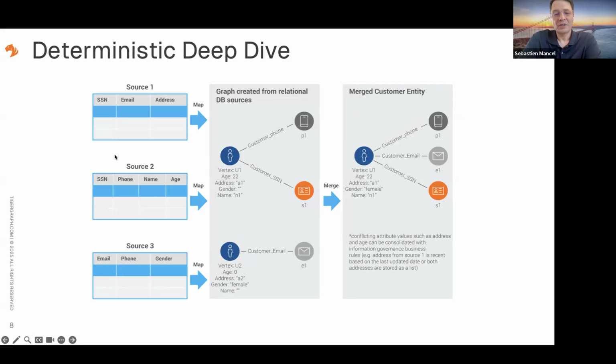But in a graph, those fields all connect back, and we can see they represent the same individual. So the key point is this: deterministic matching in a graph is not limited to single field-to-field lookups. Graph lets us combine attributes across sources, use multi-hop connections, and resolve identities into a single, more accurate entity profile.